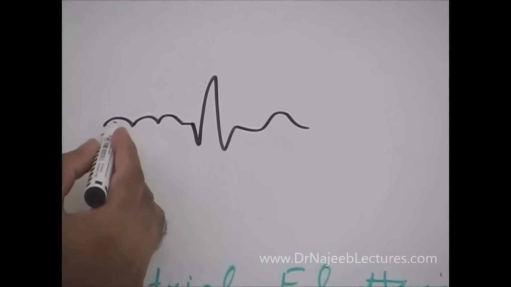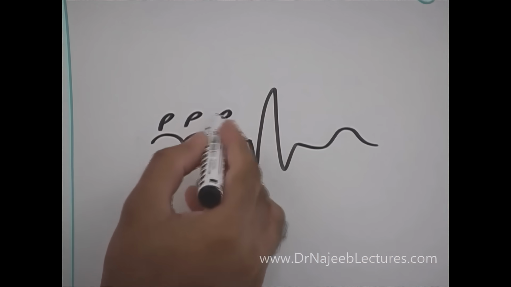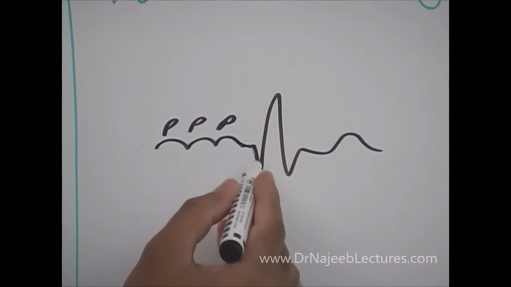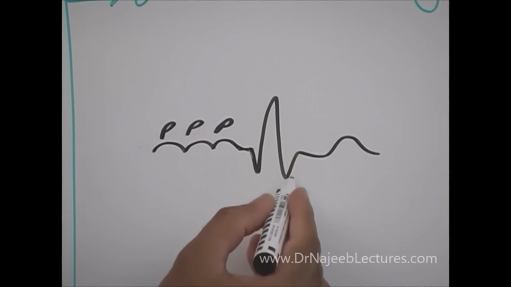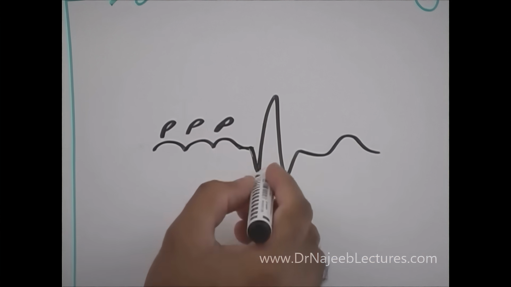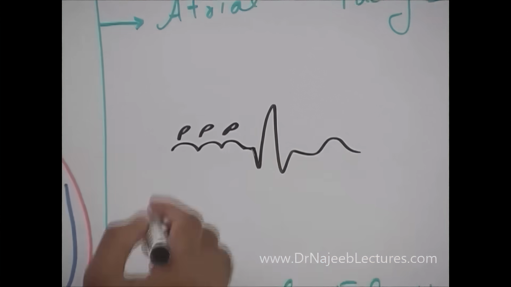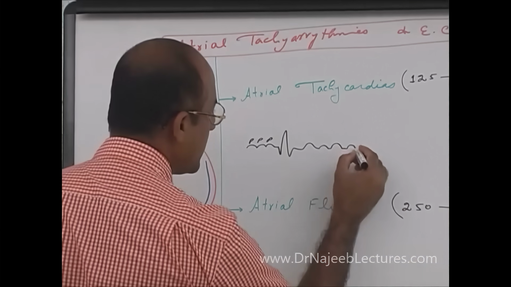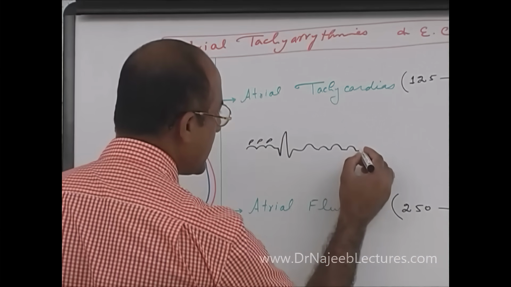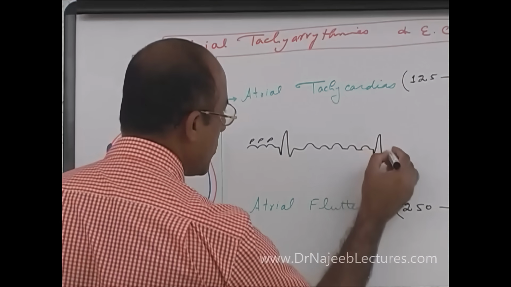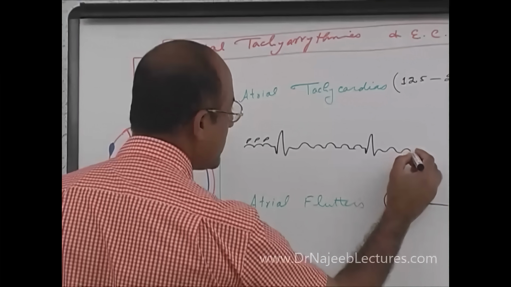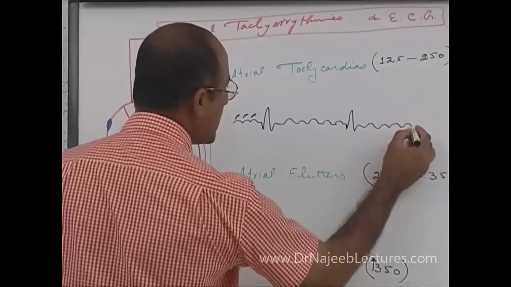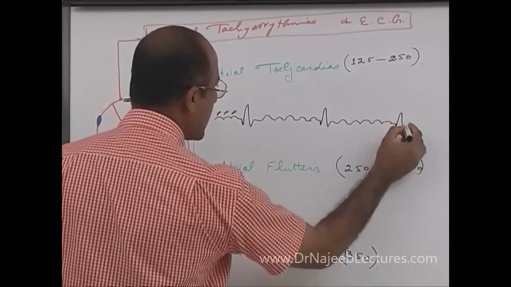It means if there were 3 P waves, only one could be conducted down the AV node, and it was able to produce depolarization of the ventricle and eventually repolarization. Then again you find multiple P waves, followed again by one QRST, and this pattern may be repeated many times.